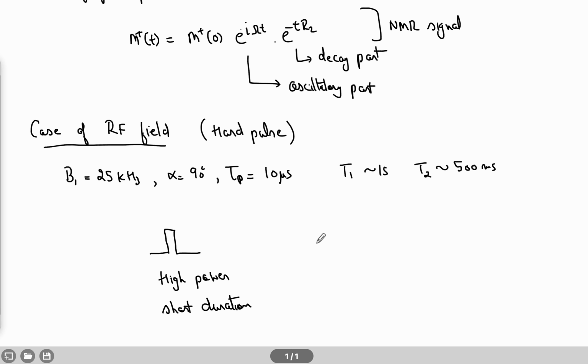But soft pulses can be drawn pictorially something like this, just to highlight that they are low power and long duration pulses. So you cannot simply ignore relaxation effects in these so-called soft pulses.